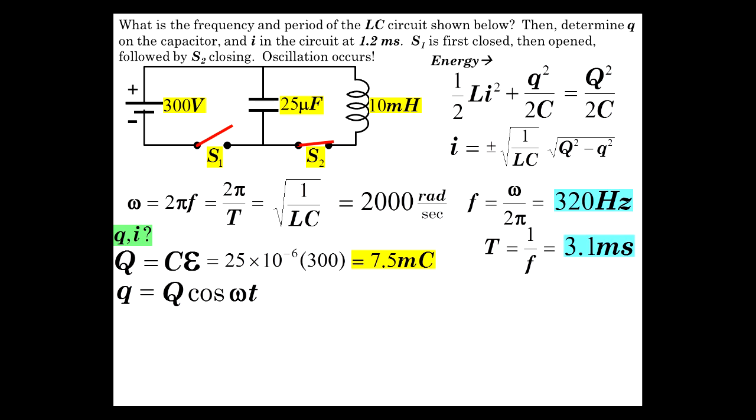Little q is, from our discussion previously, big Q cosine omega t. And if you're confused about sine or cosine, realize that at t equal to 0 we have maximum charge on the capacitor. So when t is 0, cosine of 0 is 1, yes, maximum Q. So it's 0.0075, 7.5 millicoulombs, cosine omega t, and that's cosine of 2.4 radians.